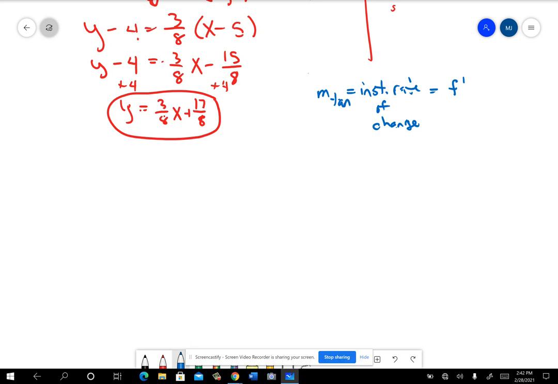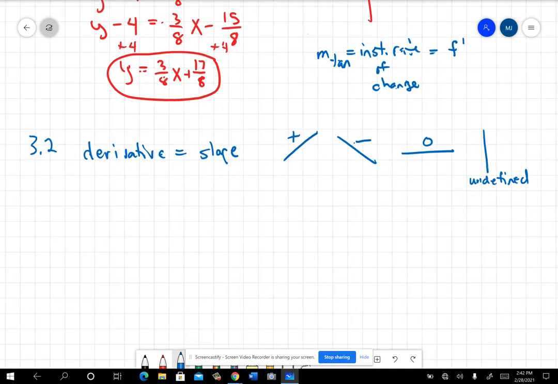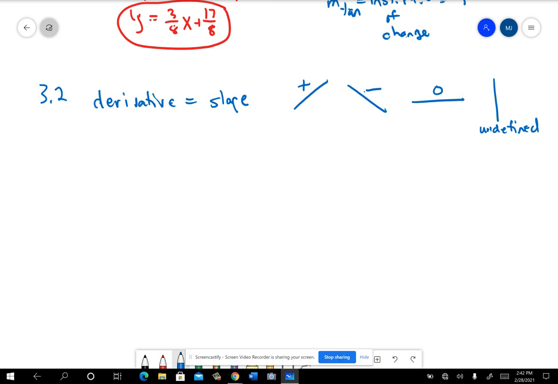Because derivatives are really slope, that's an overgeneralization, but because that's true, don't forget that that's a positive slope, that's a negative slope, this is a 0 slope, and this right here would be a slope that's undefined. Because in 3.2, we're looking at coming up with just a formula for the slope of a curve, and then we're going to wind up using it to find the slope at various spots.